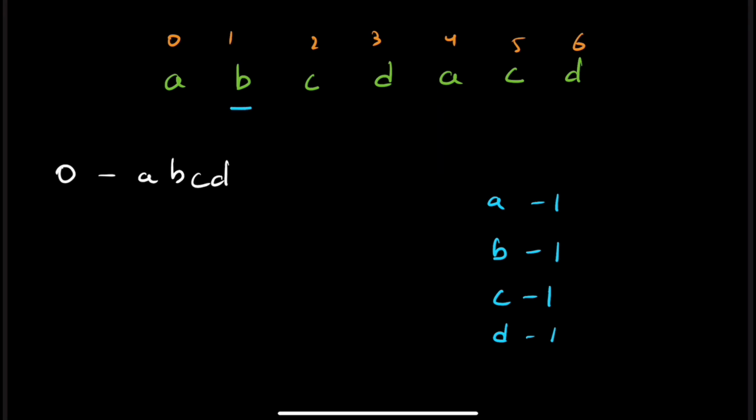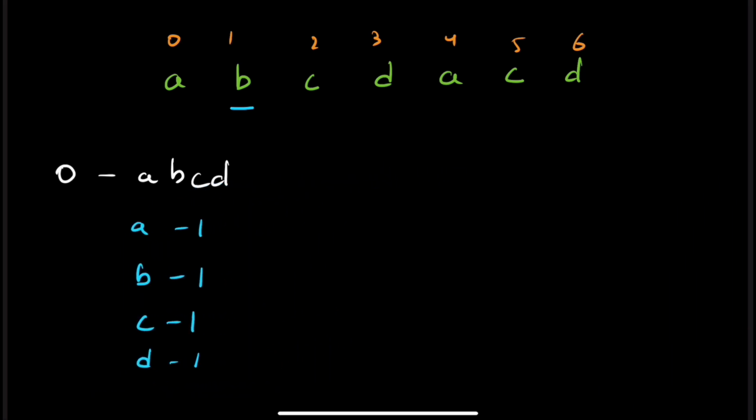Now again we start from index number 1, right? So we used to reset the whole hash map by clearing it, right? But for a moment, let's keep the hash map somewhere else, right? Okay, let's keep this here. Okay, so for B, the entry is 1, right? So we create an entry with 1, okay, and we expand the window. So when we expand the window, C is not there, so C with entry 1.